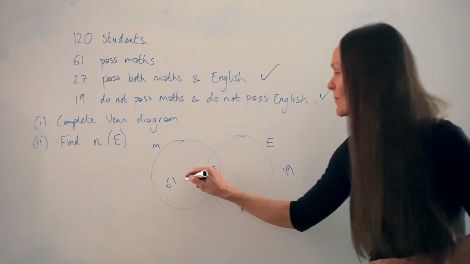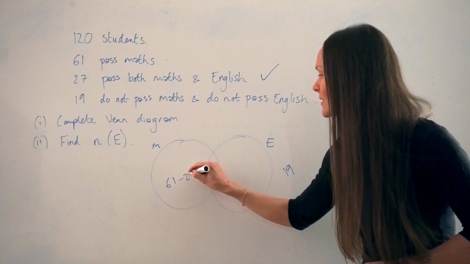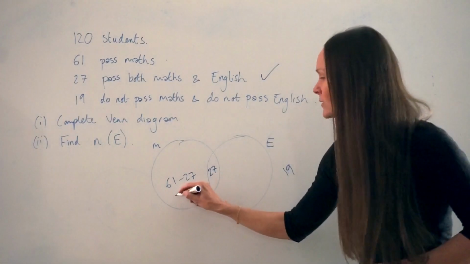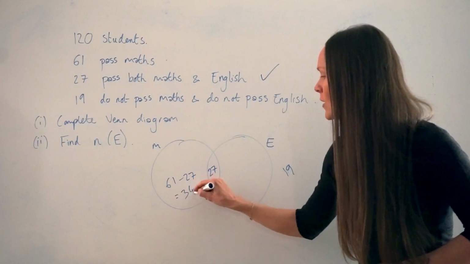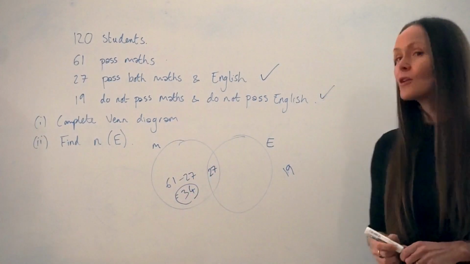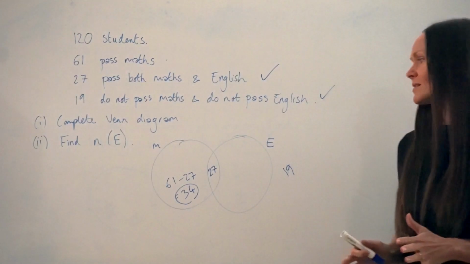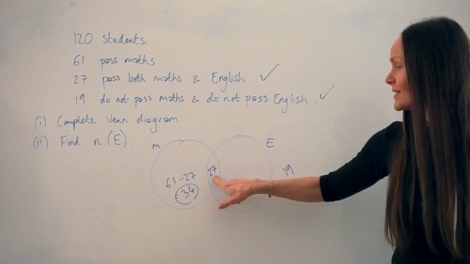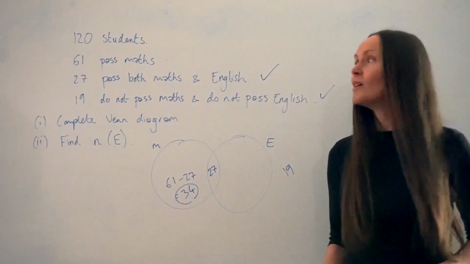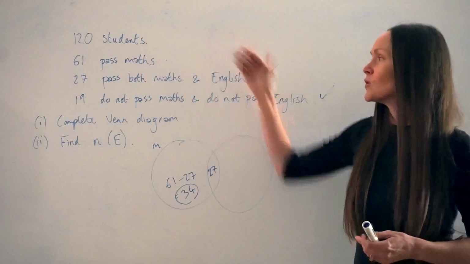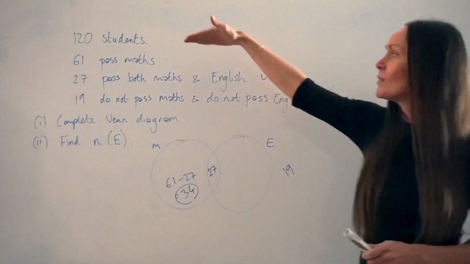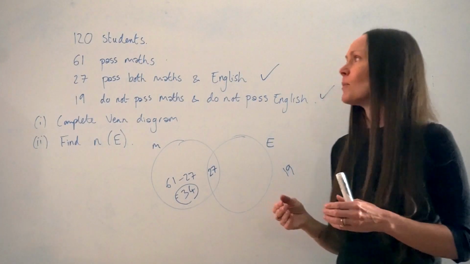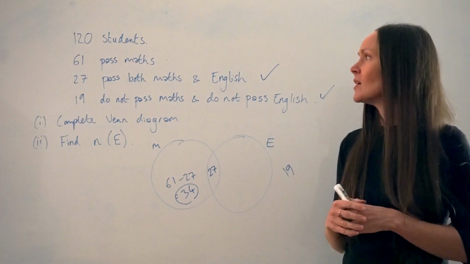You have to remember to subtract the intersection from that number to work out, so that's 34, the number of students that pass only maths. And that makes sense now, because if you add 34 and 27, you get 61, which is the number of students that pass maths. So here, when they tell us how many pass maths, they don't specify how many pass just maths, okay?